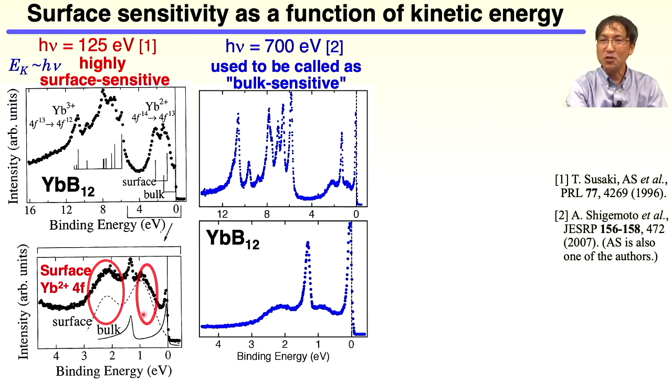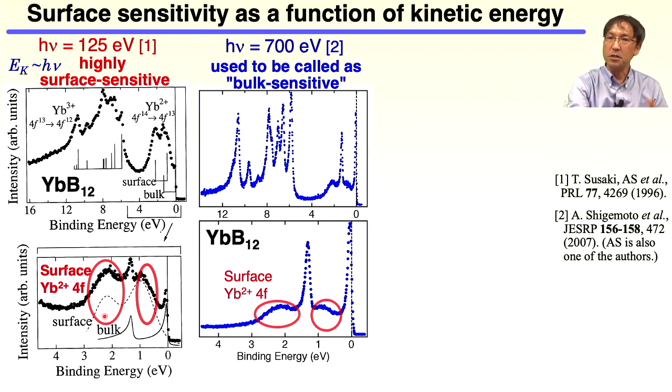These contributions are strongly suppressed when we measure the same valence-band photoemission spectra at soft X-ray excitation at 700 electron volt. This is the spectra of the same compound, YbB12.